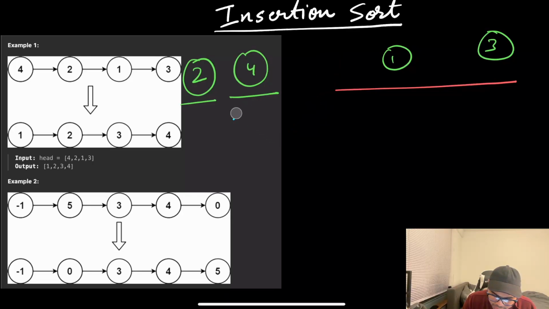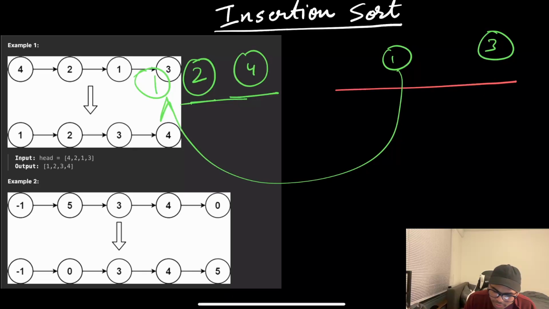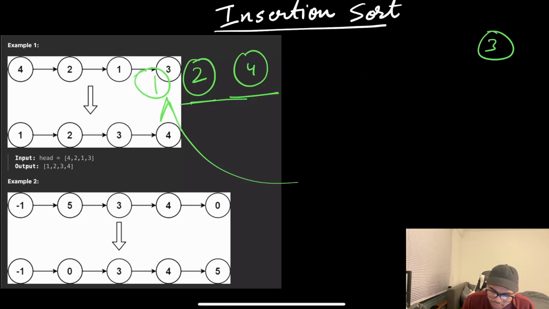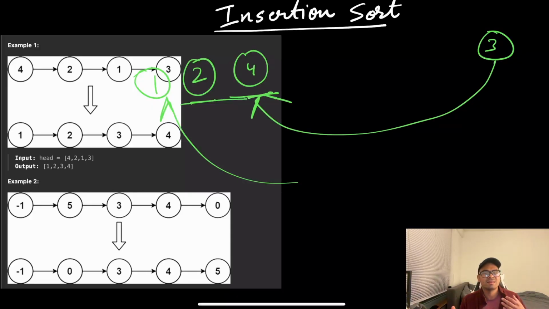Now this is our sorted list, and this is still our unsorted list. Then we do the same thing. We place 1 over here, and then this is done. Then we choose the remaining one, which is just 3. We're going to keep comparing 3, and you can do it either way.